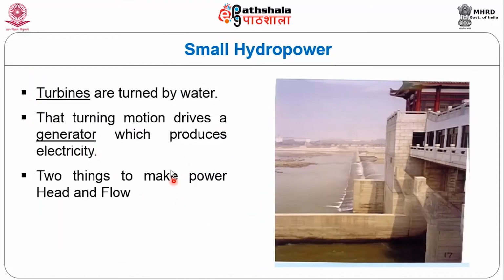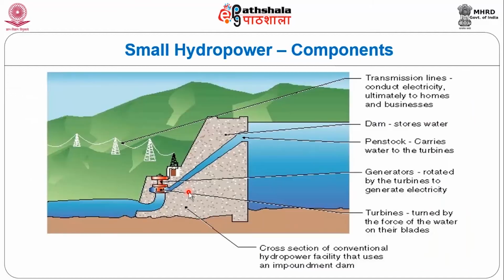The turbines are turned by water. Because of the water force, the turbines are rotating. That turning motion drives a generator which produces electricity. The mechanical power is converted into electricity. Two things to make power: the head and flow. And this is about small hydropower components.